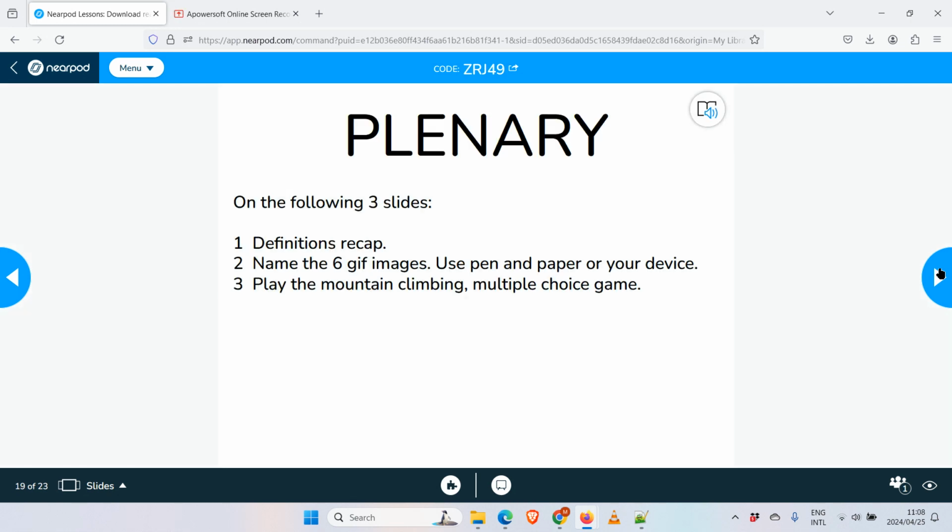Right, so here we've come to our plenary, the end of the lesson. At the end of the lesson, we're looking, in this case, at 3 slides: definitions, some images, and a little multiple choice game.